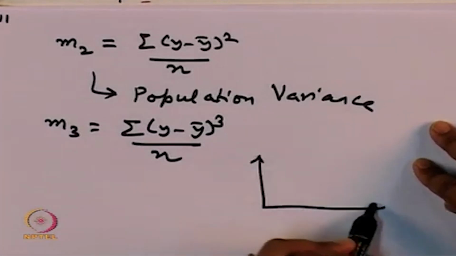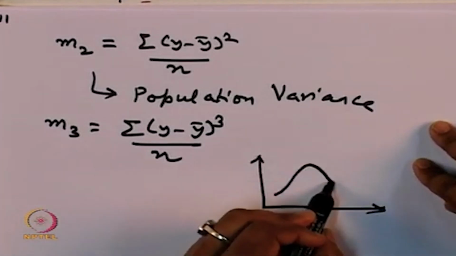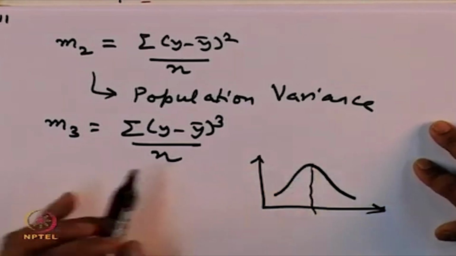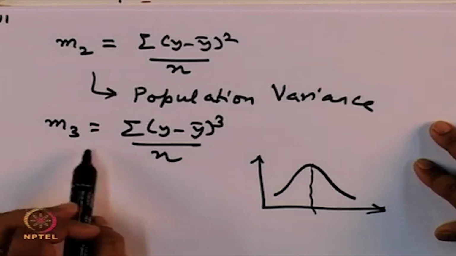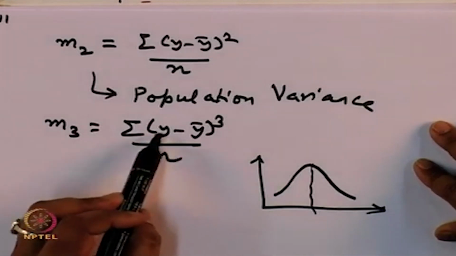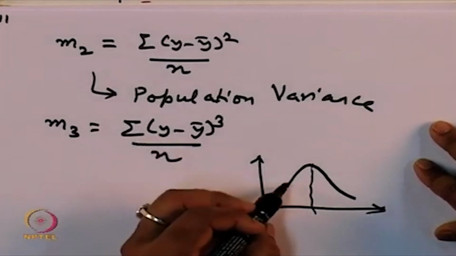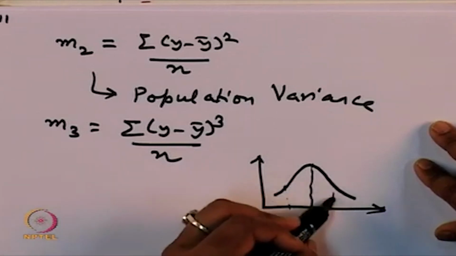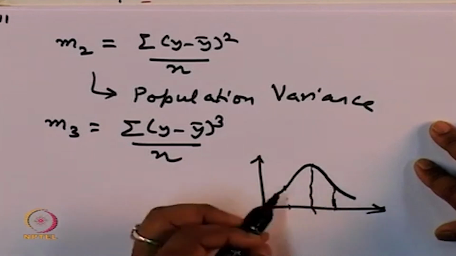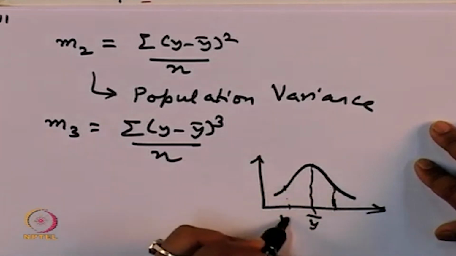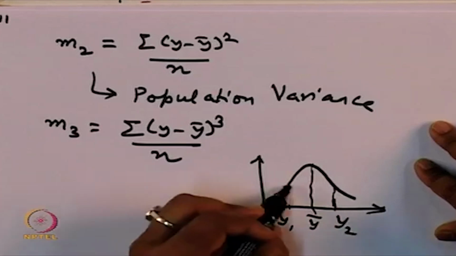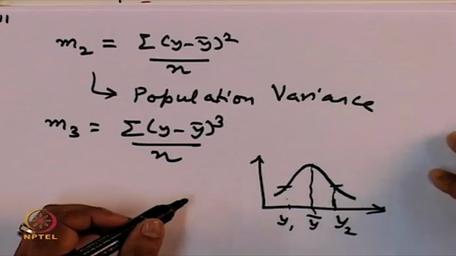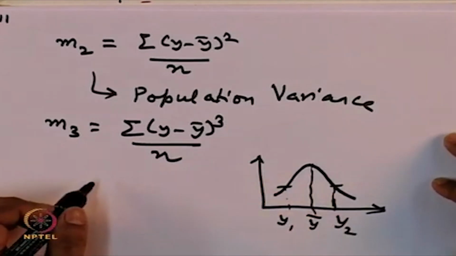If my distribution was symmetric, then for every value to the left of the mean, there is a similar value at similar frequency to the right. So let us say this is y bar, this is y1 and this is y2. The frequency of y1 and the frequency of y2 is equal, and that is how a symmetric distribution is defined.